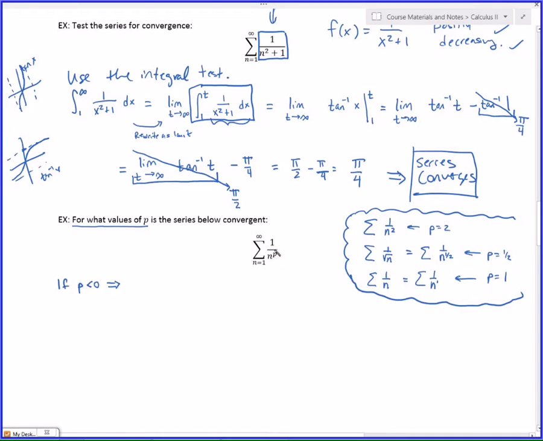Like, say this was 1 over n to the minus 1, or 1 over n to the minus 2, or 1 over n to the minus 3. A negative exponent means to do what to it? It's 1 over, but if it's in the denominator, it goes up to the top, right? So an n to the minus 1 down on the bottom would be an n to the first on top.